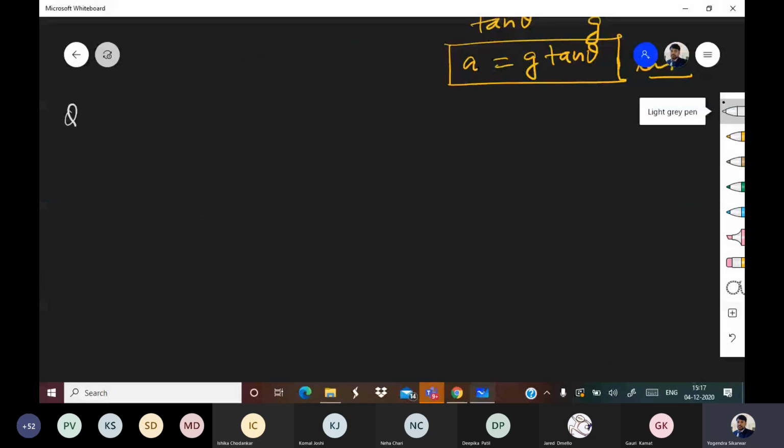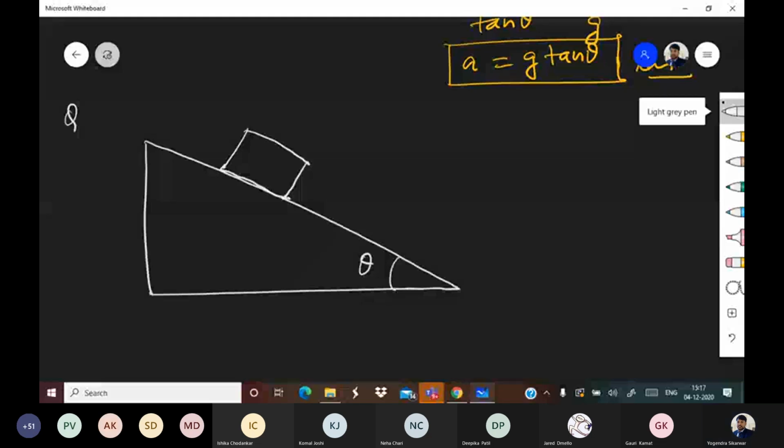Now, this question is basically a mix of the two things which we have studied. This angle is theta. This is a block. So this block can slide basically downward.